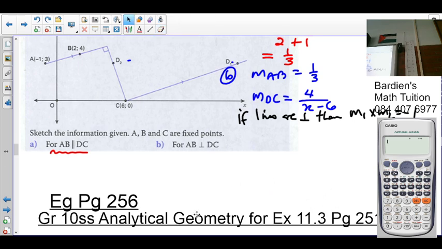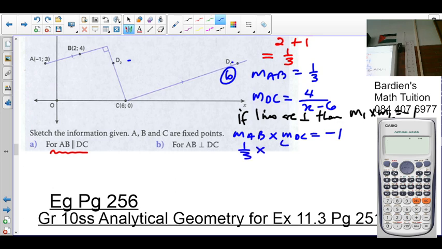We're going to say that the gradient of AB times the gradient of DC is equal to negative 1. So what's the gradient of AB? A third times 4 over x minus 6 is equal to negative 1. Okay. So we must multiply this in here. It's 4 over, or divided by a third.